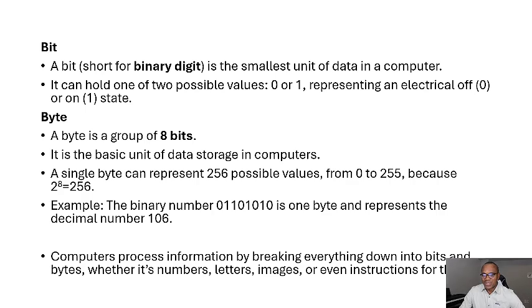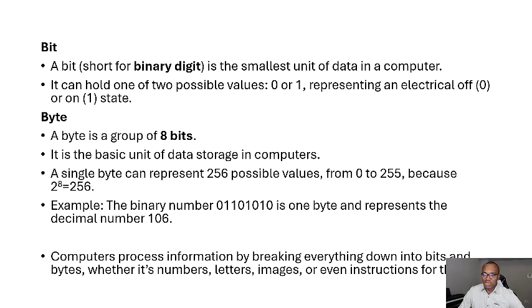So a bit, short for binary digit, is just the smallest unit of data in a computer, and it can hold two possible values, 0 or 1. A byte is a group of 8 bits. That means you have maybe a 0 in 8 places or 1 in 8 places, or you can have them mixed.